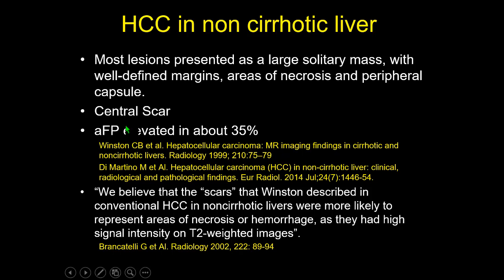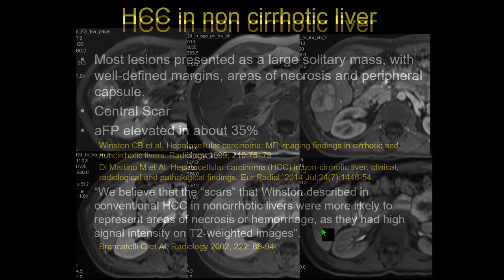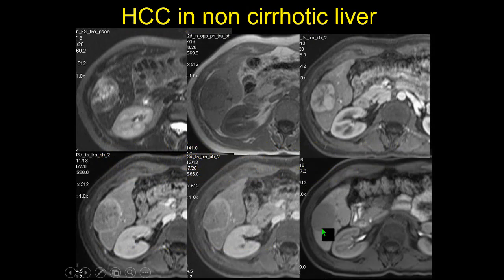Alpha-fetoprotein is elevated in only about 1/3 of the patients, so it cannot help much. And as Brancatelli already said, what Weston called a transverse scar is probably due to necrosis and hemorrhage.